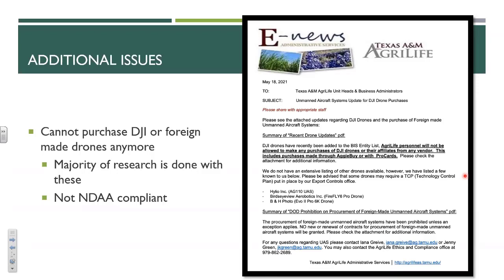So it'd be pretty easy for us to instantly get a DJI, start reading research papers, just replicate stuff, and start phenotyping very quickly. But since we cannot purchase those due to the fact they're not NDAA compliant, basically it's just the United States saying, we're scared these foreign-made drones are taking our data, we had to look at other drones on the market.